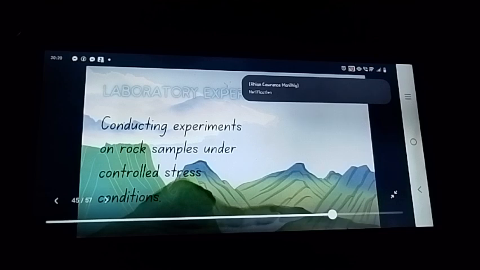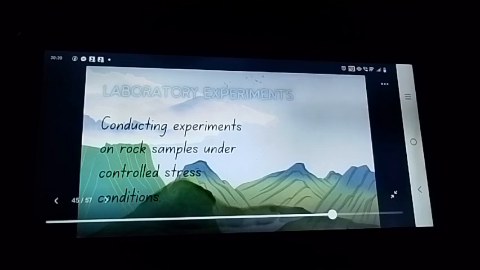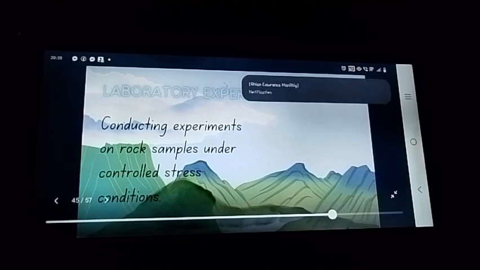Geologists use instruments to measure the strain and deformation of the rock sample as it is subjected to stress. And studying microstructure. After an experiment, geologists can examine the rock sample under a microscope to study the microscopic changes that occur during deformation.